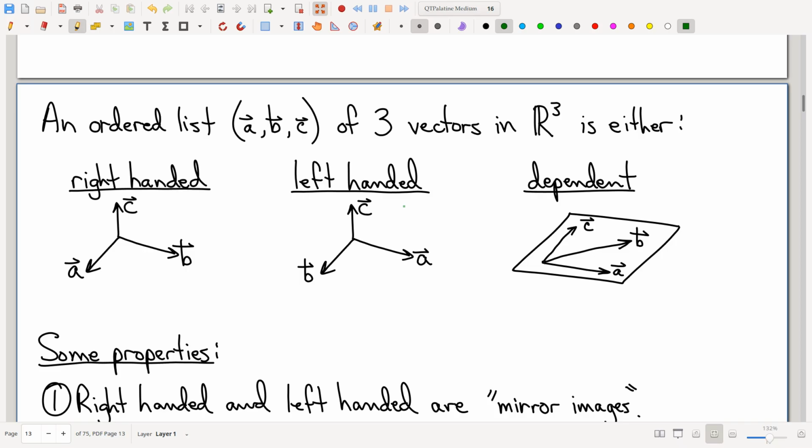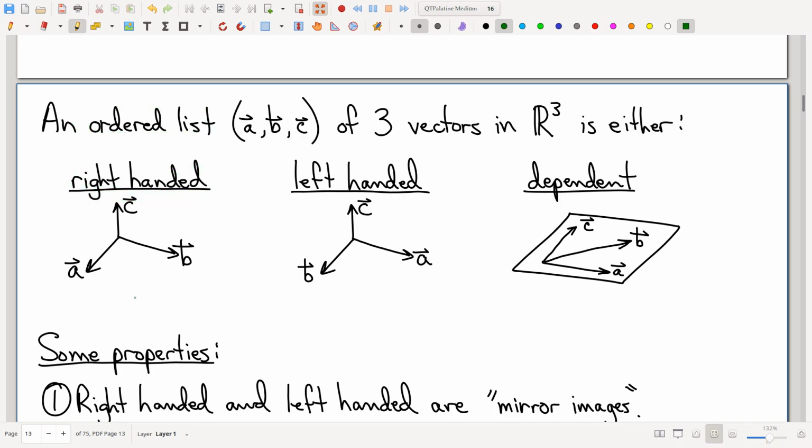Analogous. It's not going to be the same, obviously, but is there something kind of like that? It turns out that yes, there's a great answer to this question, and it involves the human hand. This is just a convenient tool for describing this idea. But what we mean by a right-handed list.